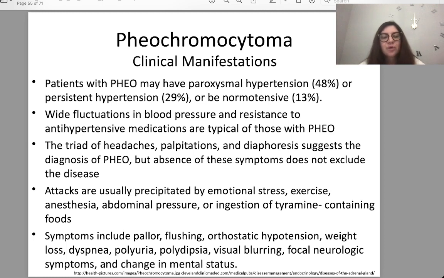Attacks are usually precipitated by emotional stress, exercise, anesthesia, abdominal pressure, or ingestion of tyramine-containing foods. Symptoms include pallor, flushing, orthostatic hypotension, weight loss, dyspnea, polyuria, polydipsia, visual blurring, focal neurological symptoms, and change in mental status.